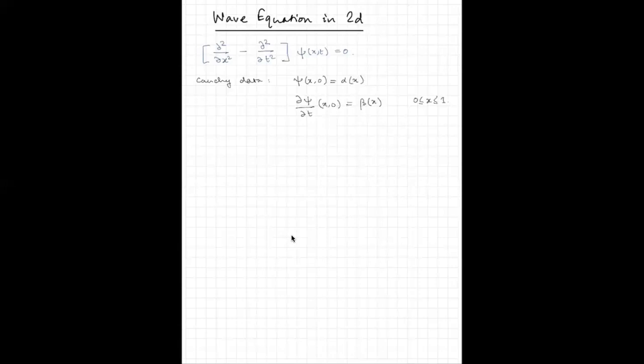So we shall show this uniquely determines the solution in a domain of the xt plane, and we will find the solution.